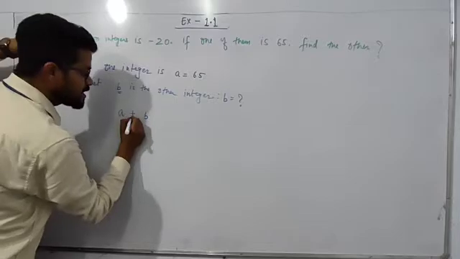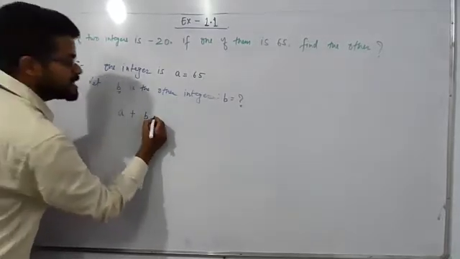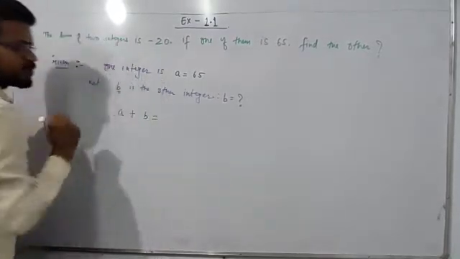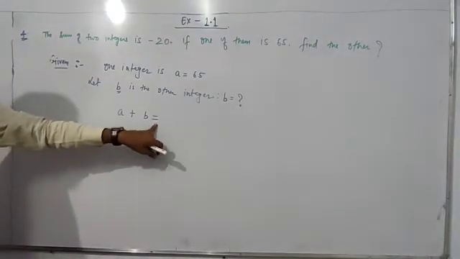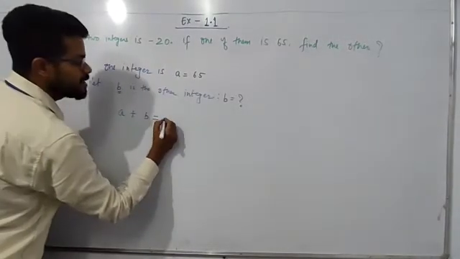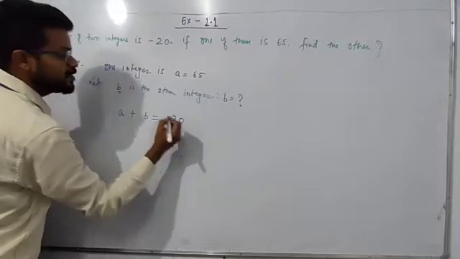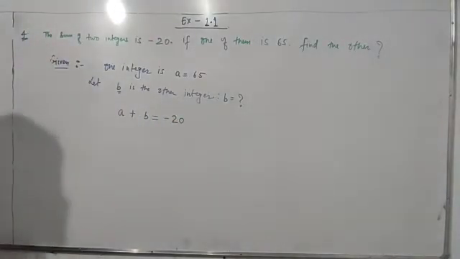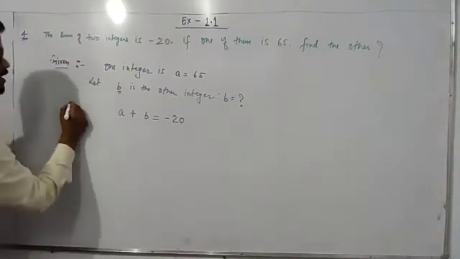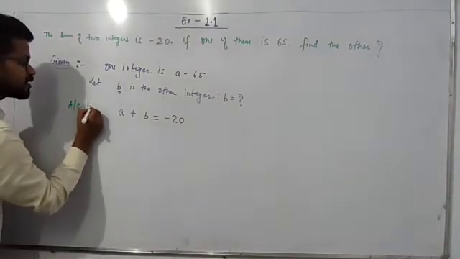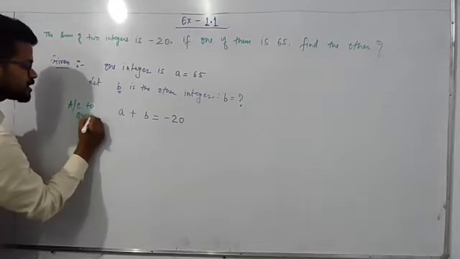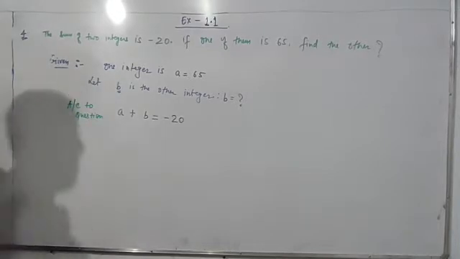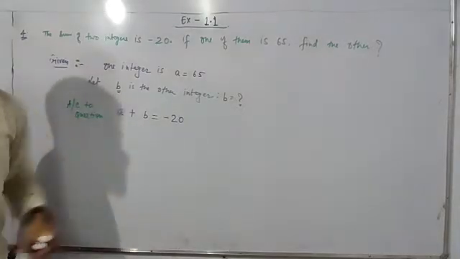Sum means plus, and the sum of the integers is equal to minus 20. So a plus b is equal to minus 20, according to the question.